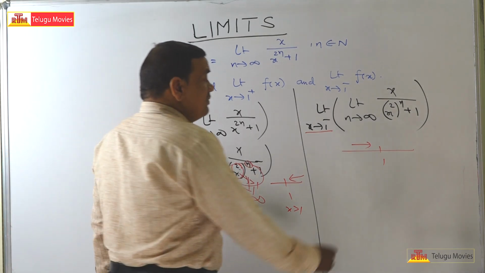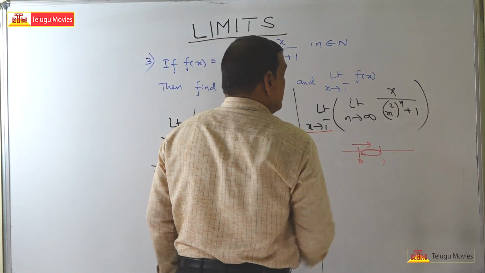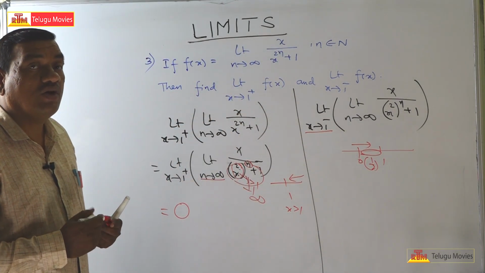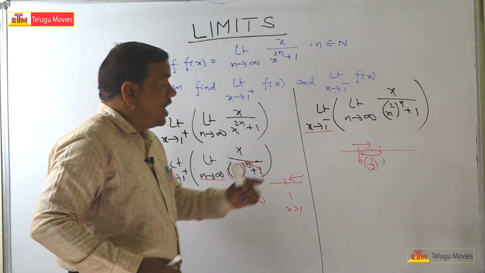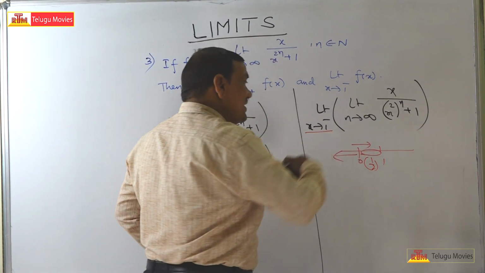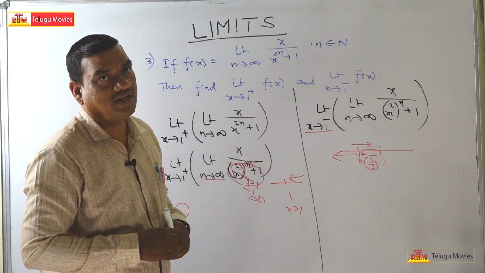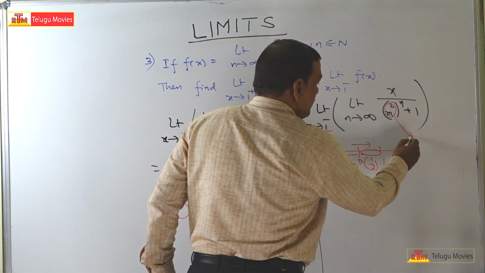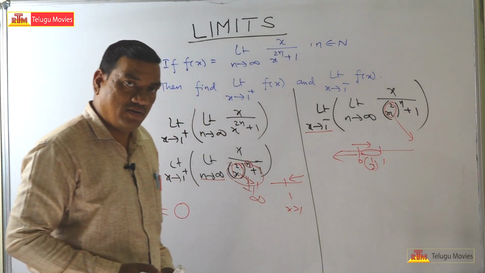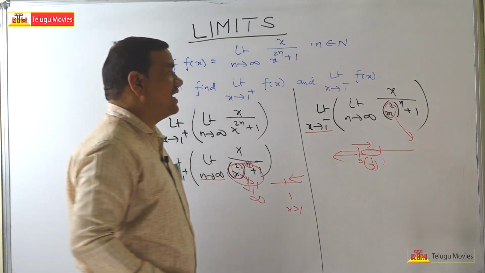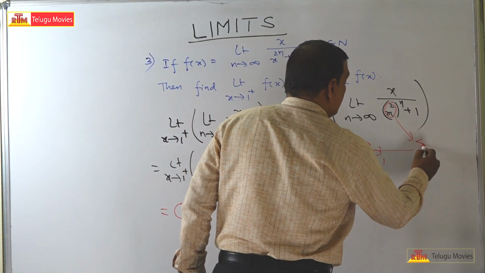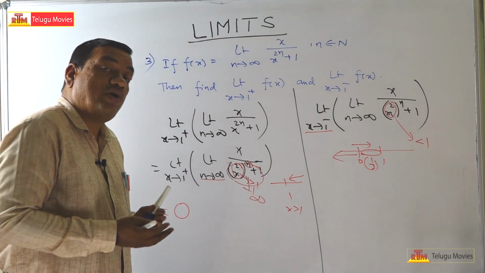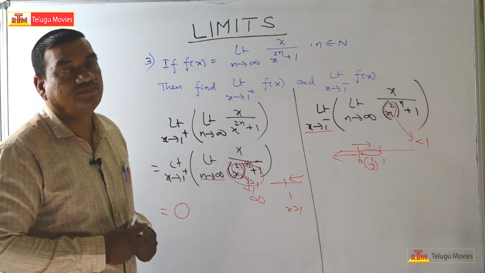If you observe here, from 0 to 1 you will be getting fractions. Otherwise if you come further, you will get negative values. That means x value is less than 1, so on the whole x square value is also less than 1.